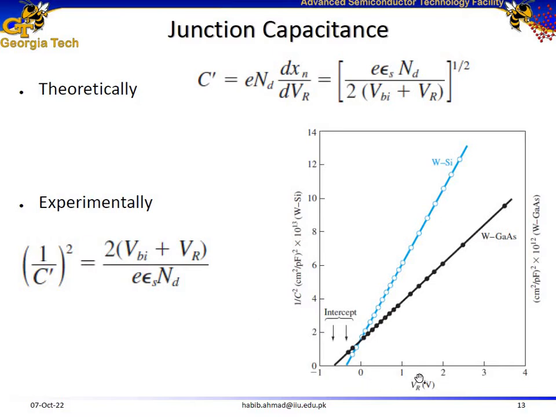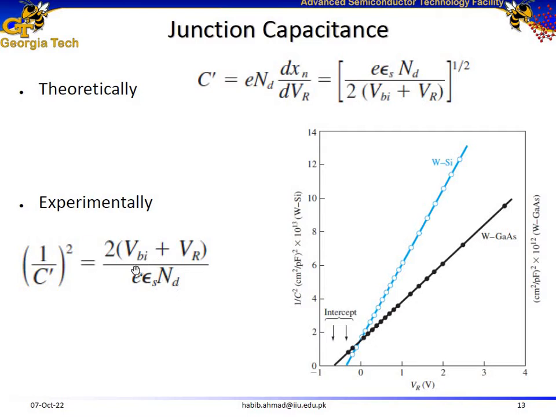For example, over here, assume the range of a reverse bias voltage of 1 to 3 volts. For a value of 1, 1 over C dash square is 6 times 10 to the power of 13. For a value of 3, it's approximately 12. Take the difference between the two, 12 minus 6, it becomes 6 times 10 to the power of 13 divided by 3 minus 1, 2. So from over here, this becomes your slope, and that is going to be equal to 2 divided by E, ES, and ND.